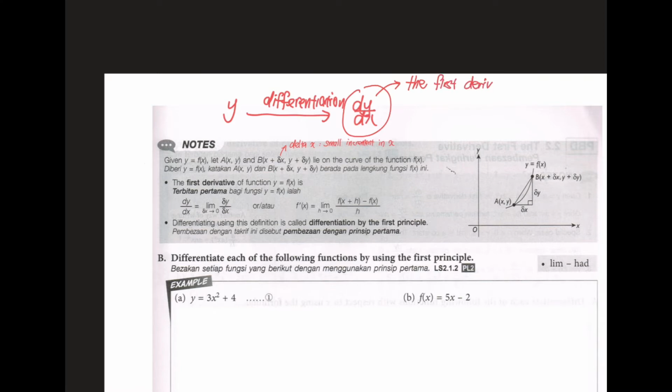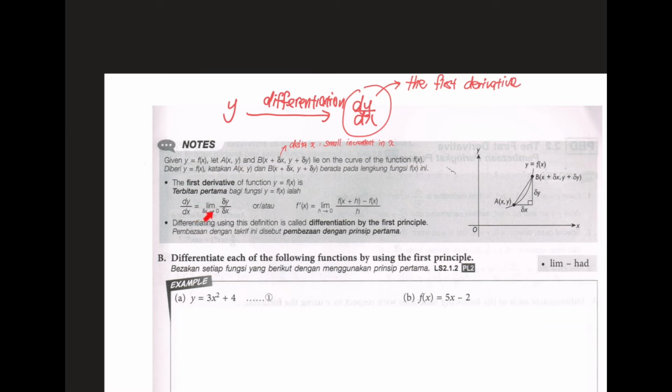So they are trying to tell us how to find the dy dx, which is known as the first derivative. The first derivative of the function y equal to f(x) is this formula. You see, we have to use limit.